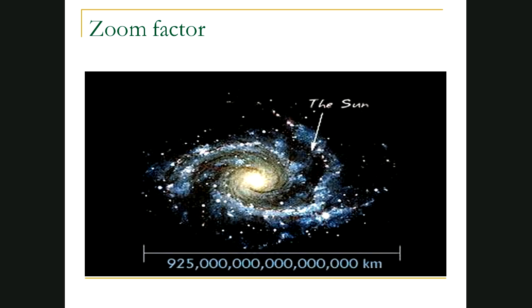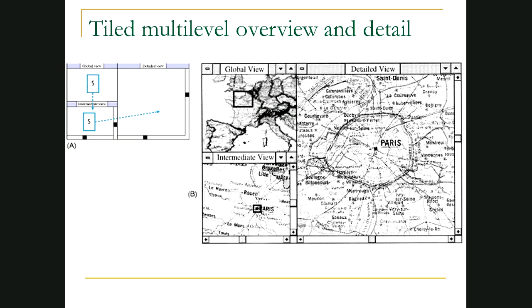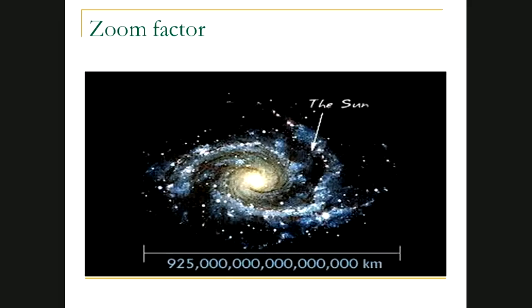So having too much of a zoom factor, you can see it's not reasonable. So there must be some limitations there. I'm exaggerating here, but you get the idea. So if I want to use this as an overview, I cannot move from this building to the next building by just clicking. The overview is pretty much useless in this case. It doesn't show anything, not even Earth is there.